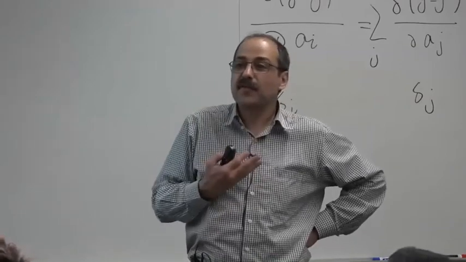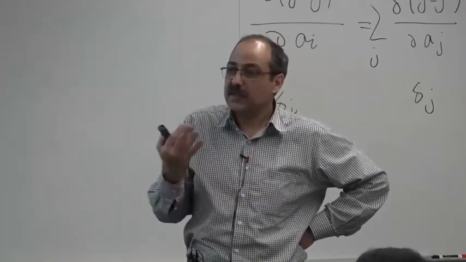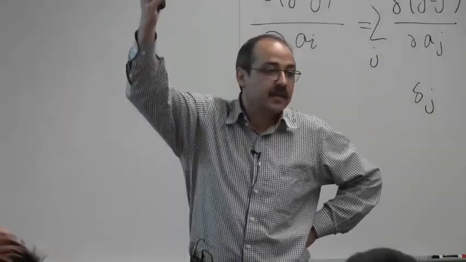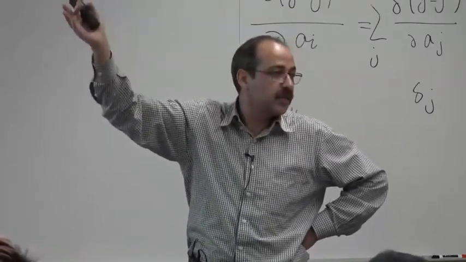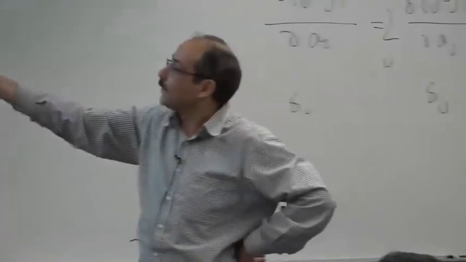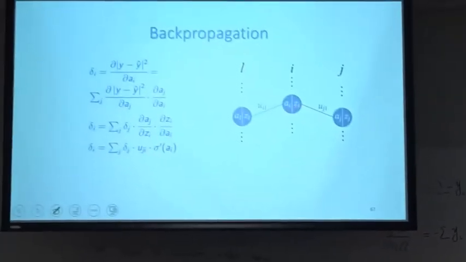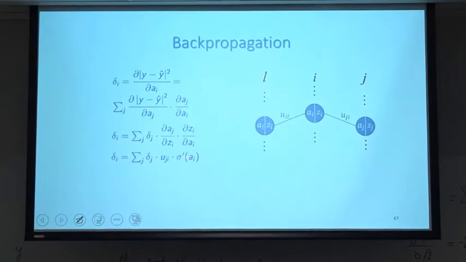Sigma was a nonlinear function applied to AI and produced Z. So the derivative of Z with respect to AI would be simply the derivative of that function, whatever that function is. Okay? So AJ with respect to ZI is UJI, and ZI with respect to AI is just the derivative of whatever nonlinear function I have chosen at point AI.